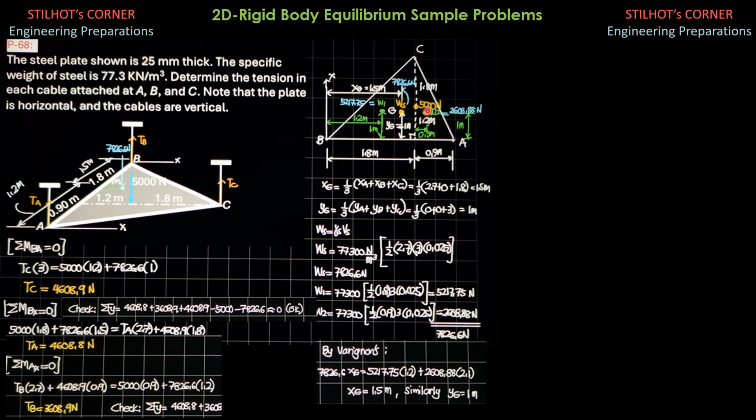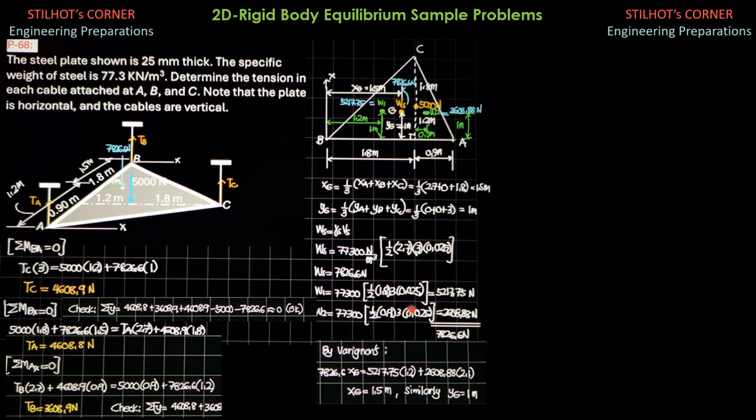While the distance of weight 2 from this height here is 1/3 of 0.9, and 1/3 of 0.9 is 0.3 meters. So therefore, the location of weight 2 from B, our reference, is 1.8 plus 0.3 equals 2.1. It's not shown here, but that's 1.8 plus 0.3, 2.1 from B.